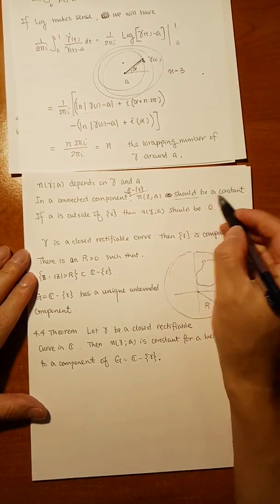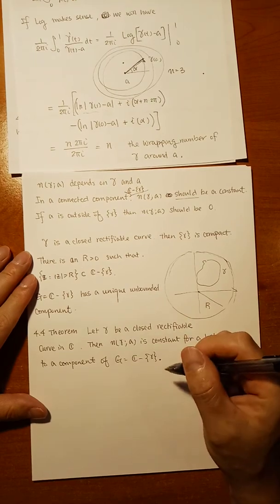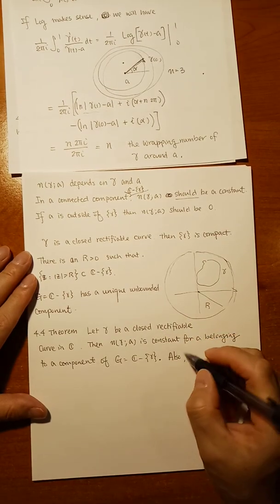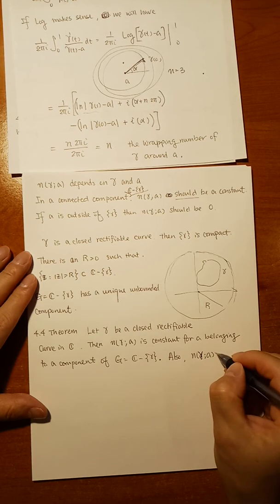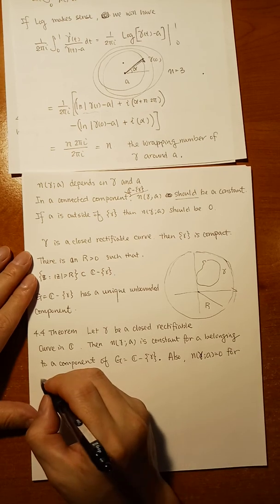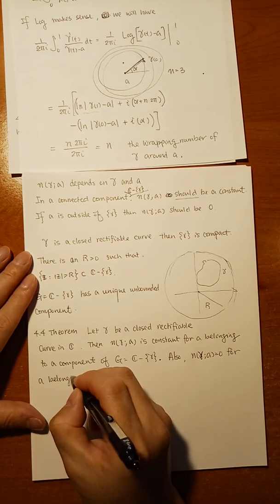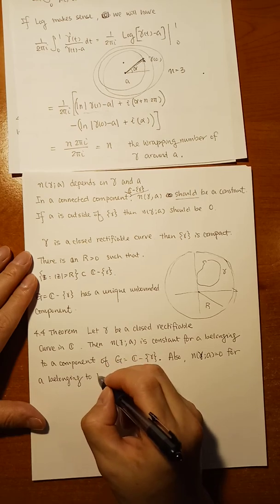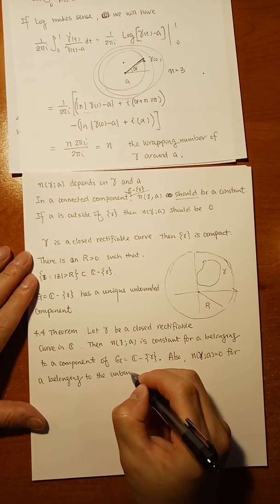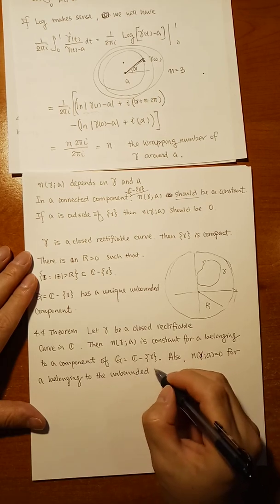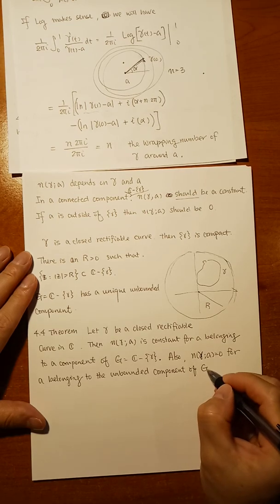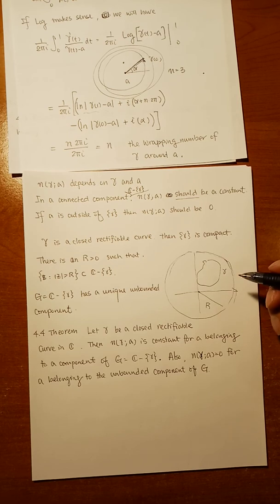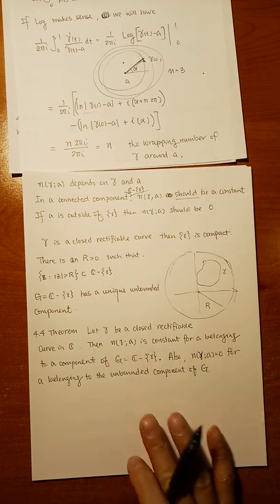So that's our first one. It should be constant over the connected component. Also, the winding number of gamma with respect to A should be 0 for A belonging to the unbounded component of G. So outside you should have 0 winding number because the curve does not wrap around it.